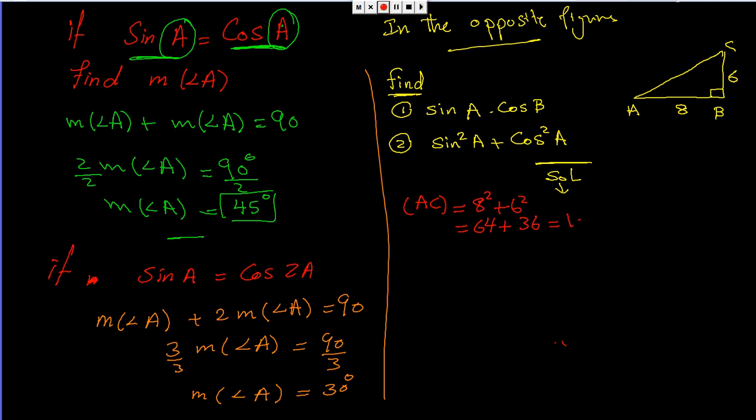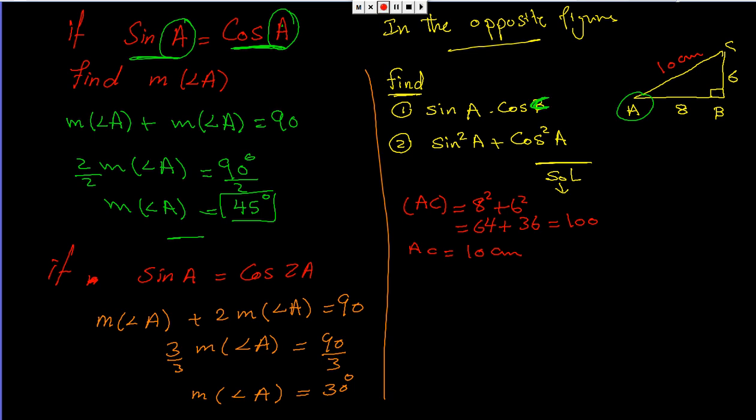So AC equals 10 centimeters. After that, let's calculate the main trigonometric ratios, first for angle A and angle C.